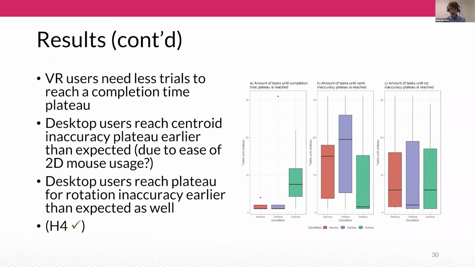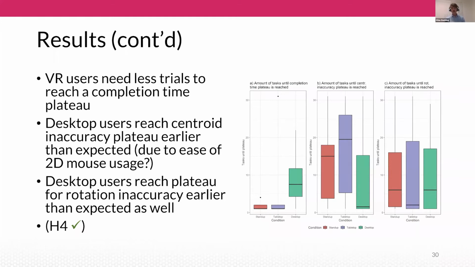But for the accuracy measures, centroid inaccuracy and rotation inaccuracy, we see that there is no significant difference in the task number at which the subjects stabilize their performance. So there's no significant difference.